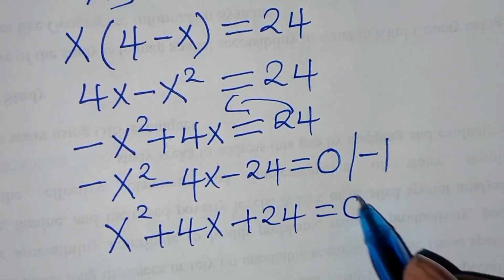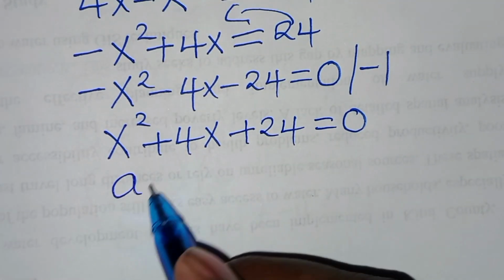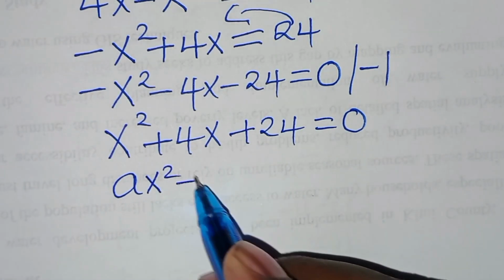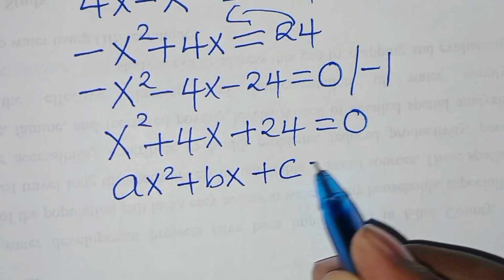This is equal to 0. Now this is a quadratic equation of the form ax squared plus bx plus c equal to 0.